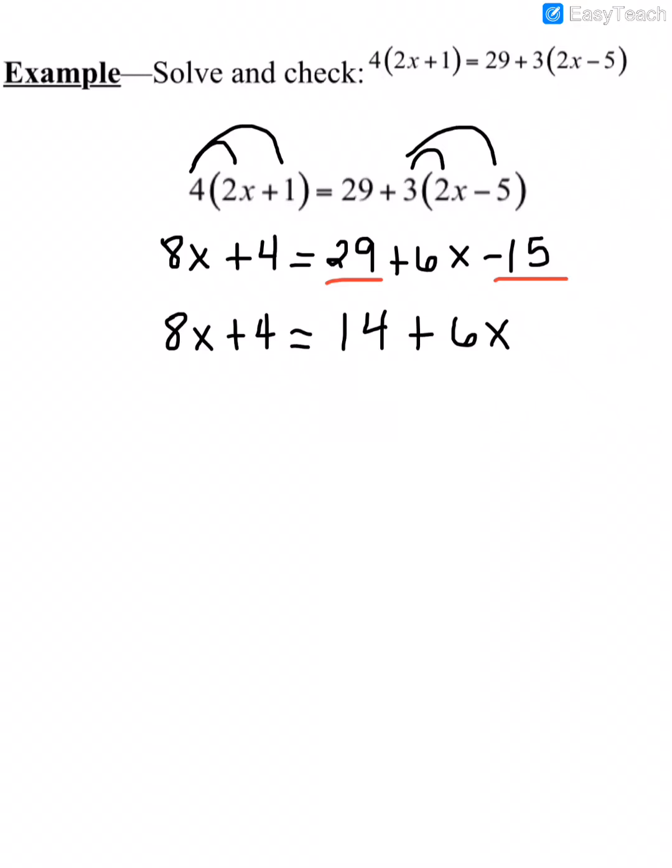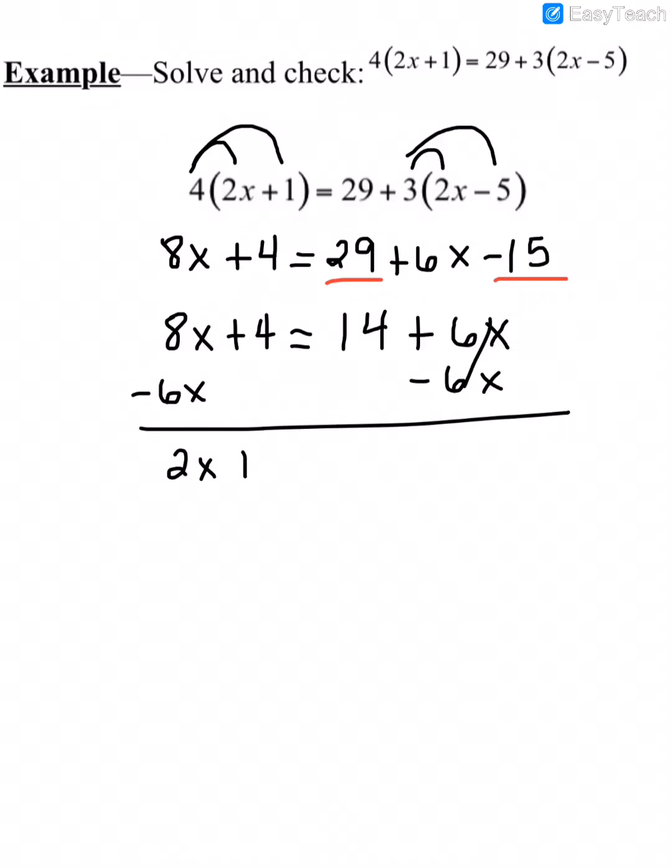Okay, so now I need to get the x's on one side and the constants on the other side. It really doesn't matter which side the x's end up on. I'm going to subtract 6x from both sides. Alright, so that gives me 2x plus 4 equals 14.